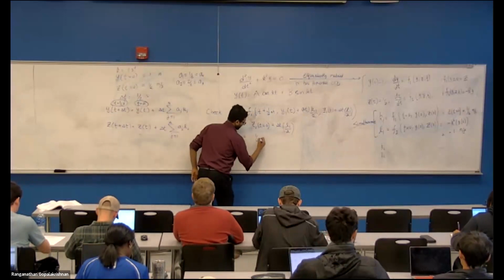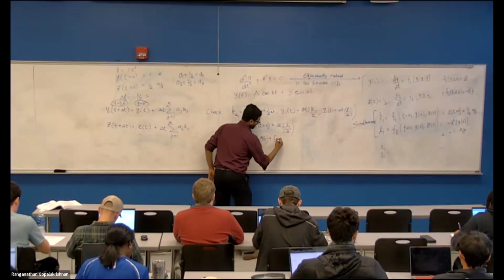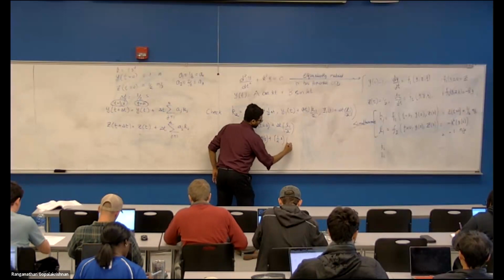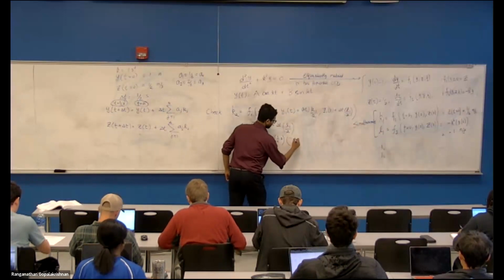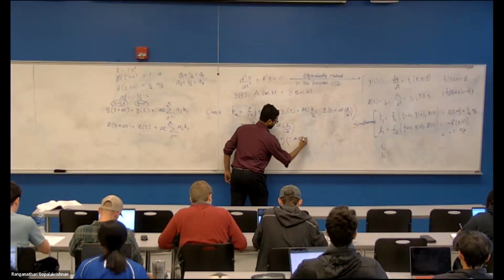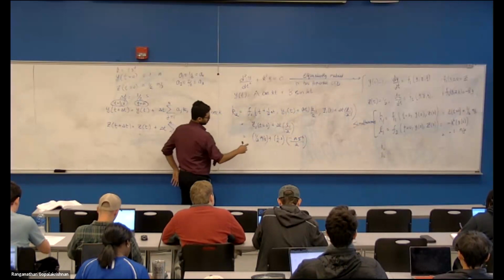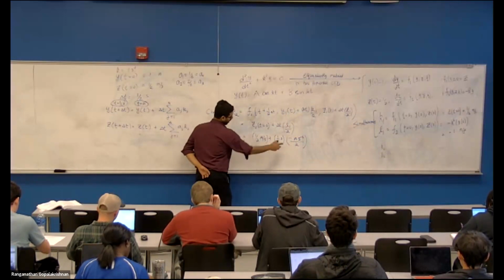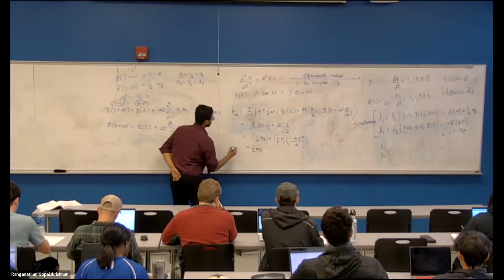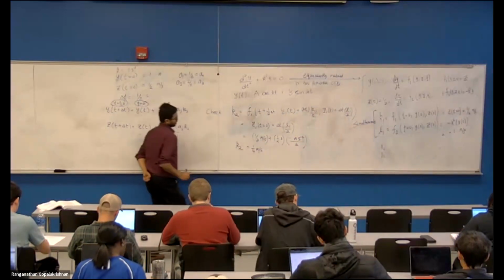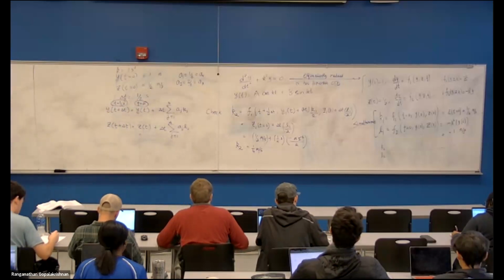Half a meter per second plus delta t being half a second multiplied by L1, minus 1 meter per second squared, divided by 2. So this is half minus a quarter. So this is 1 by 4 meter per second. K2. Tell me if you are able to follow this.